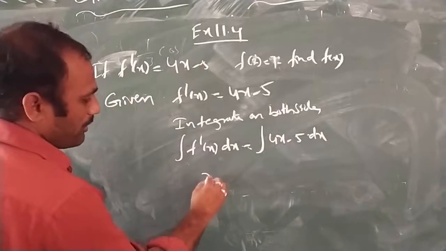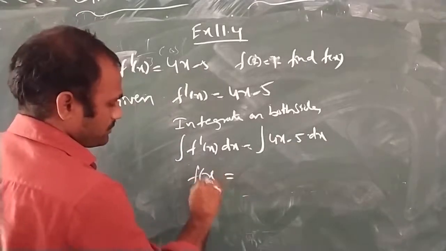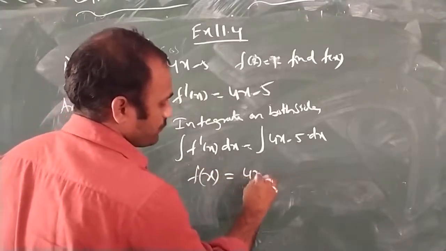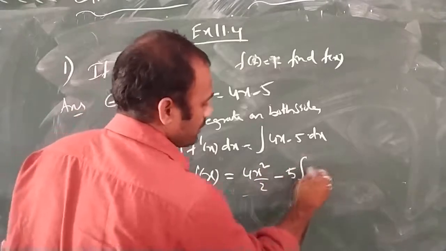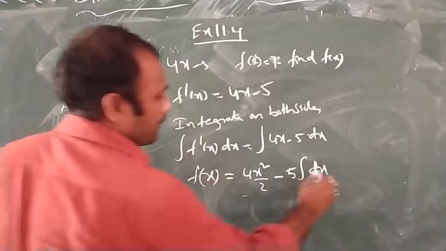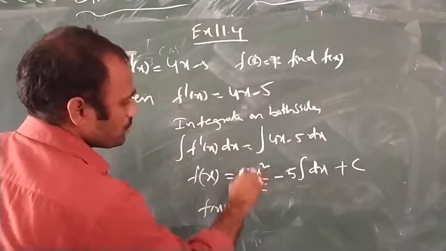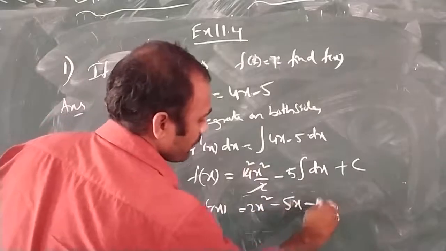So f of x is equal to integration of 4x, which means 4x square by 2, minus 5 into integral dx, plus c, a constant. So f of x is equal to, 2 ones are 2, 2 twos are 4, so it will be 2x square minus 5x plus c.